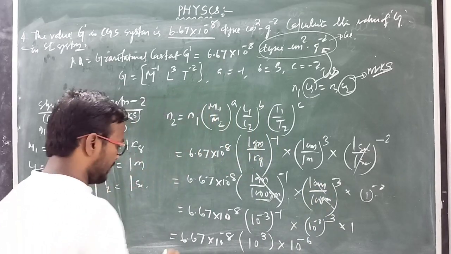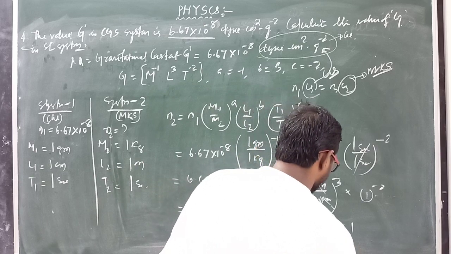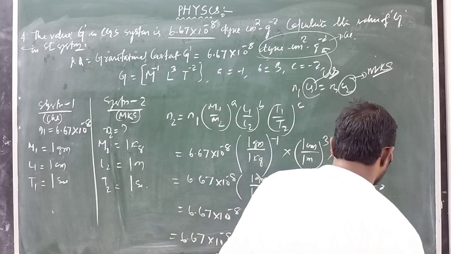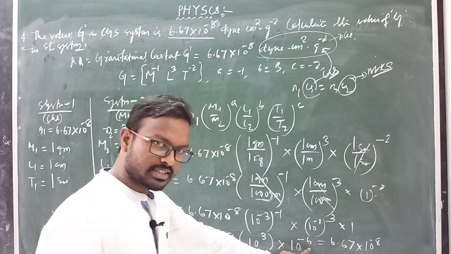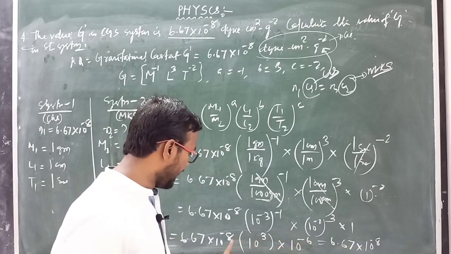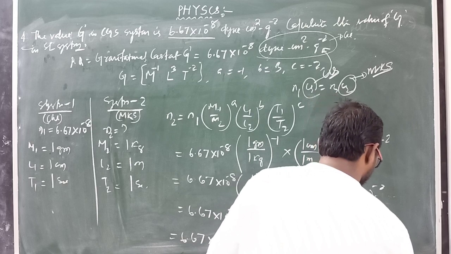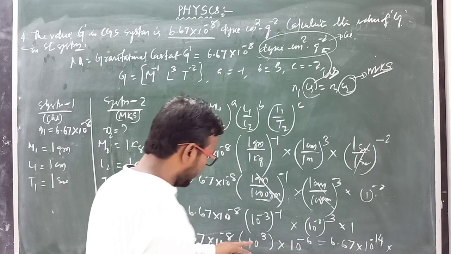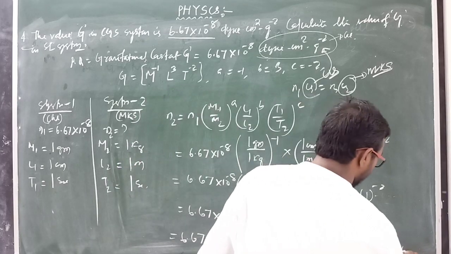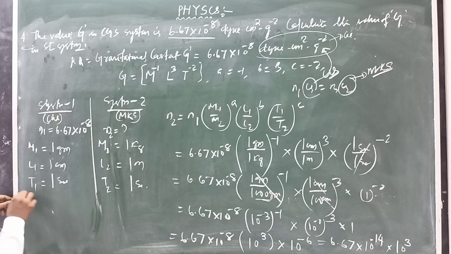So this relation turns out to be 6.67 into 10 to the power minus 8, and here minus 6. So you can write 8 plus 6, 14. So 10 to the power minus 14 into 10 to the power 3.